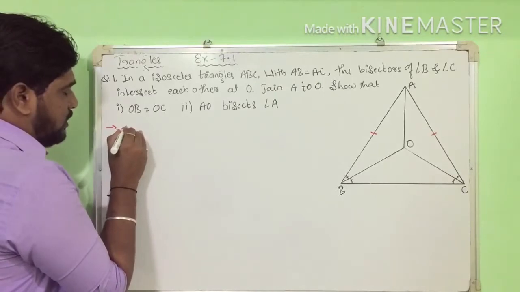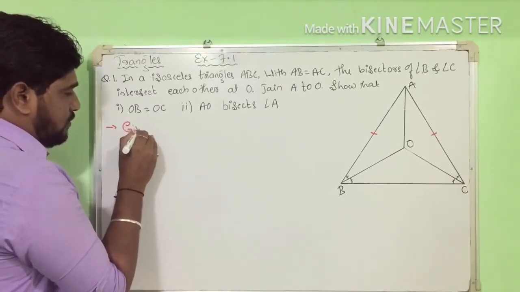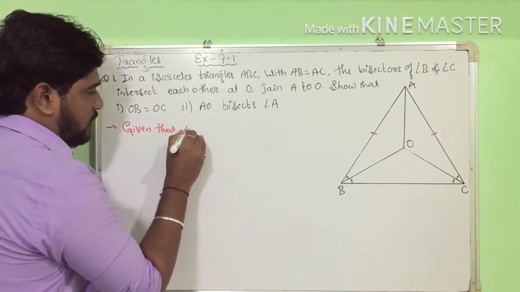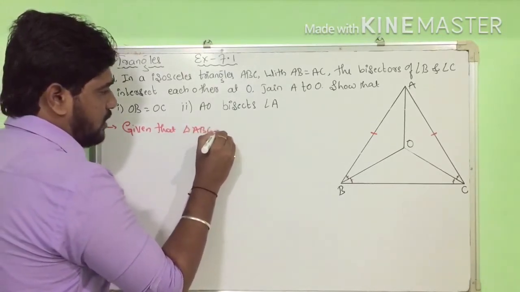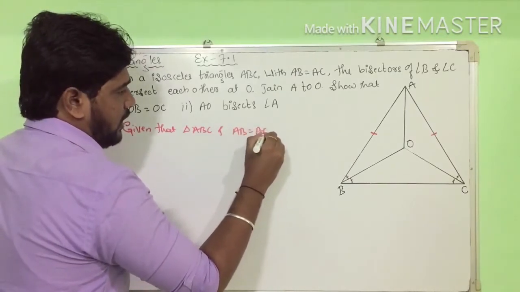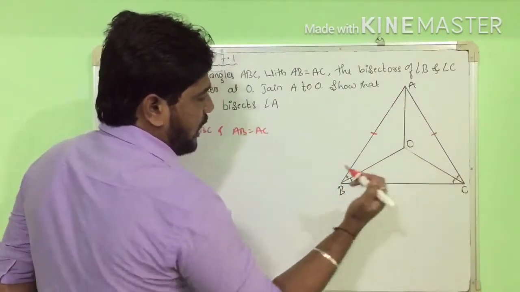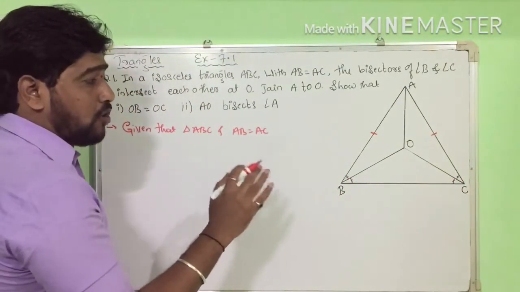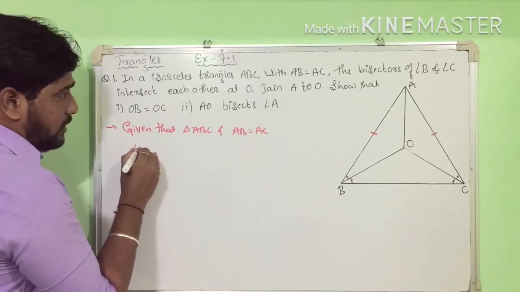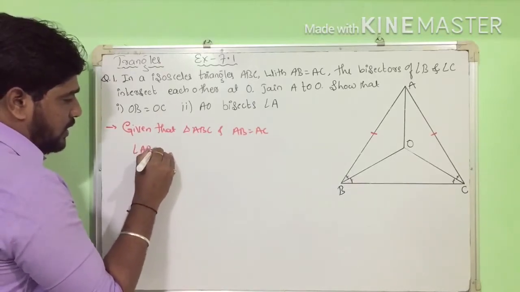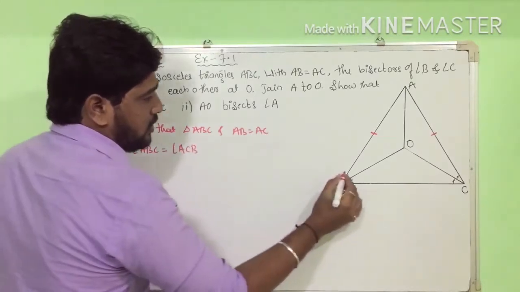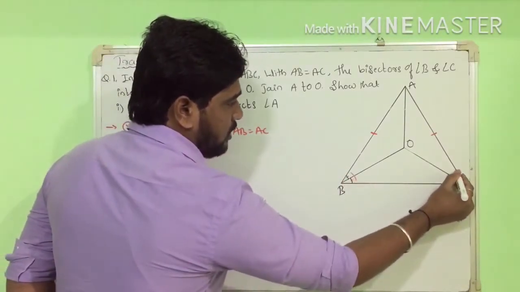First write down given that triangle ABC and AB is equal to AC. So AB is equal to AC, it means the angles opposite equal sides are equal. So angle ABC is equal to angle ACB. These two angles are equal.